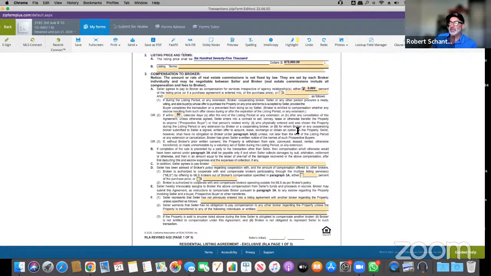Now they're in breach of the agreement with the buyer, but they're also in breach of our listing agreement between the seller and the brokerage, and they could be responsible for paying. That's what the 3A, 1, 2, and 3 cover. Are there any questions on that one?